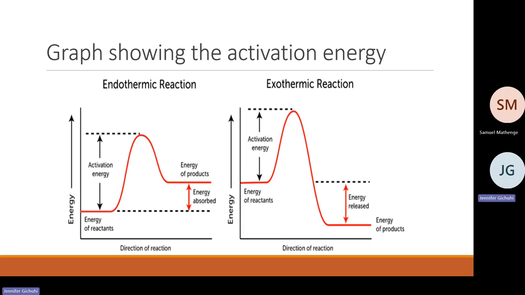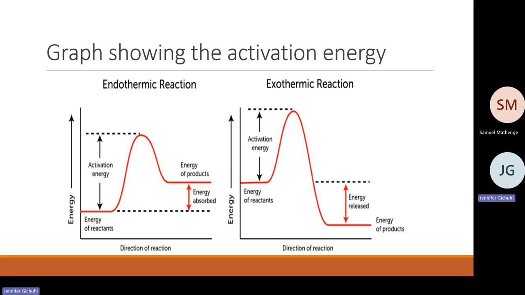Now, the first graph is a graph that is showing the energy of the reactants being lower than the energy of the product, meaning that during the reaction, energy was being absorbed from the environment. And therefore, this is an endothermic reaction.